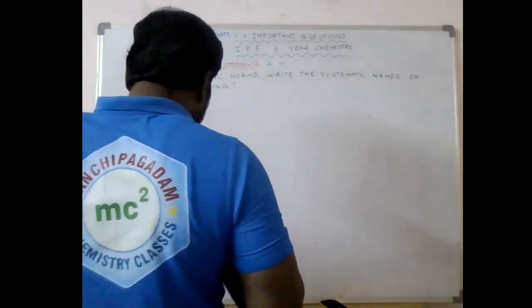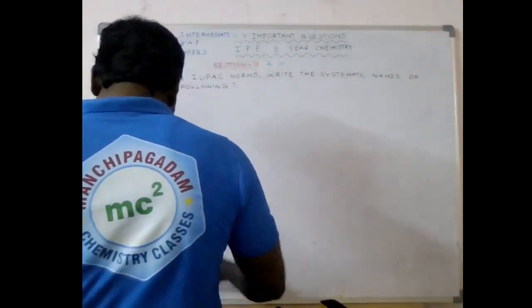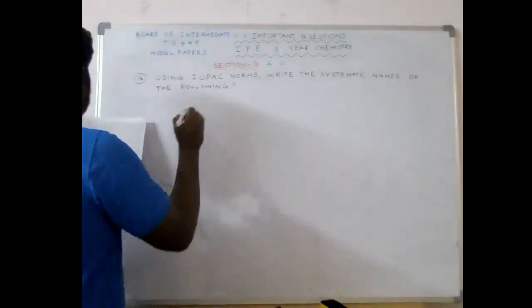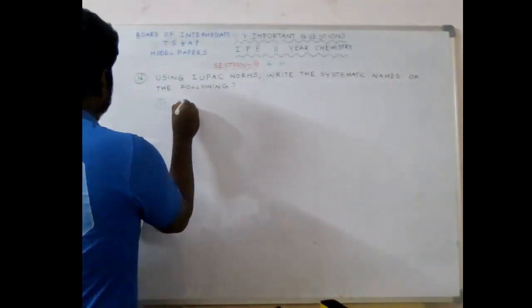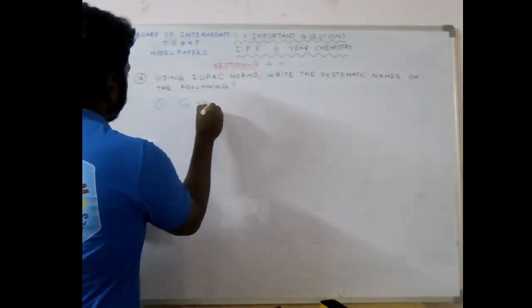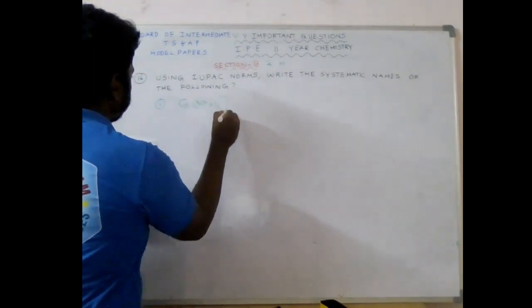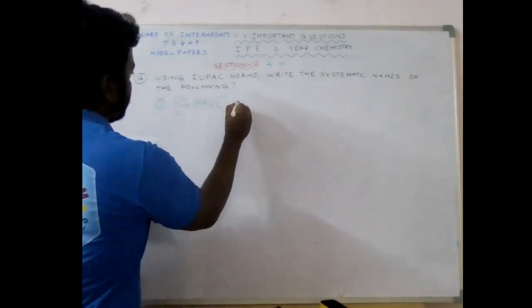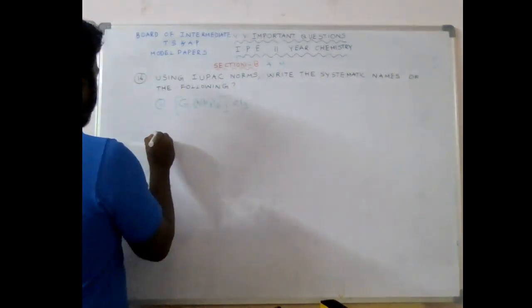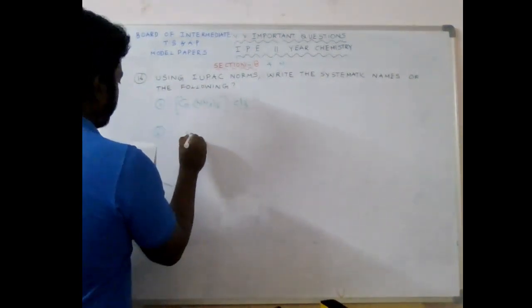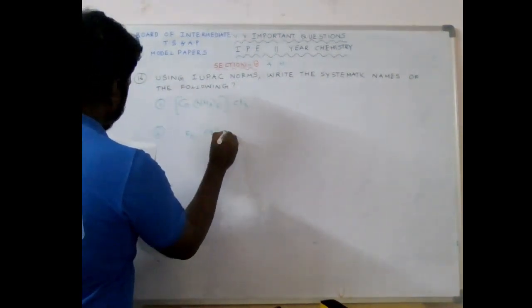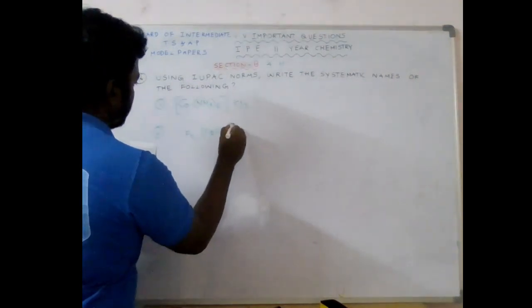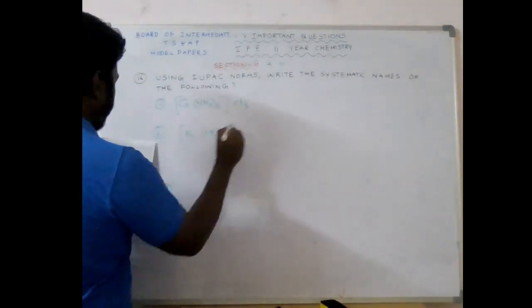First one given, you practiced so many times, I think so: [Co(NH3)6]Cl3. Second one, [Fe(C2O4)3]3-. C2O4 is what? Oxalato, right?